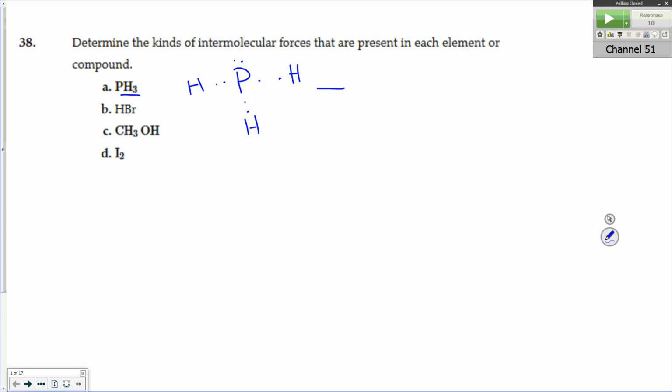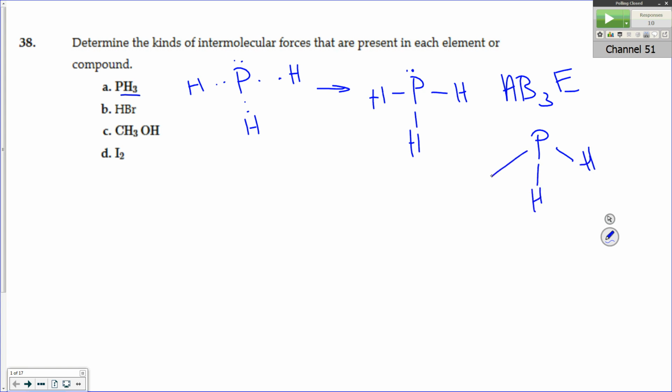So when it forms a structure, it's going to have single bonds, much like NH3 would have. Okay, so what is this? It's an AB3E. So the shape that it would have would be trigonal pyramidal.